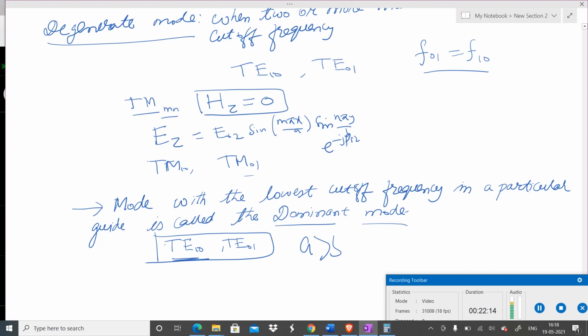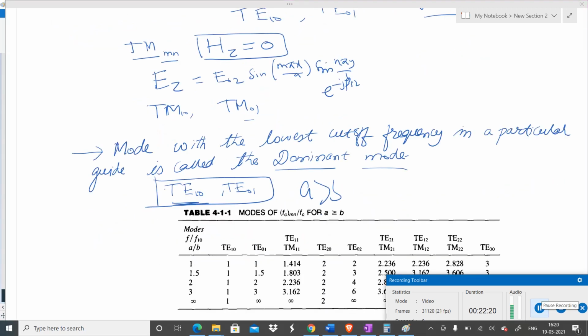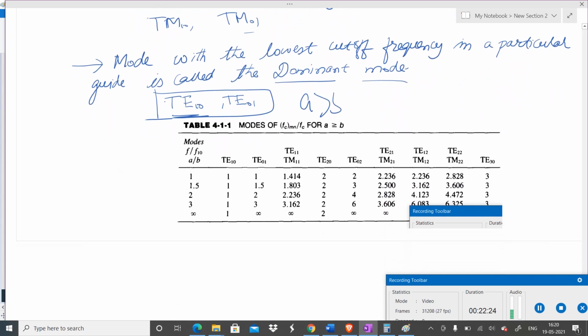TE10 is a dominant mode, because for any ratio a by b, I have copied the table here. You can see here that whatever be the ratio, here is the ratio a by b, the dimension ratio.